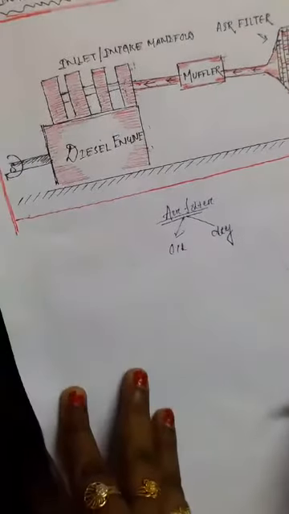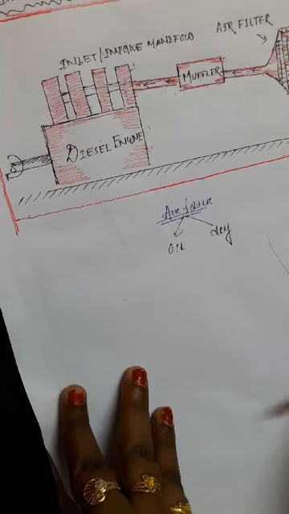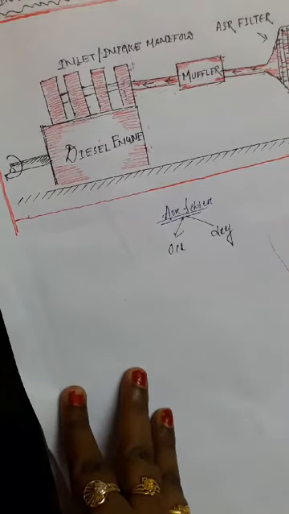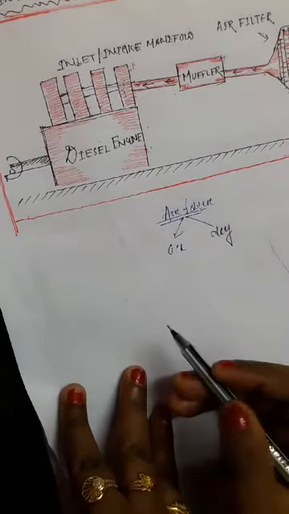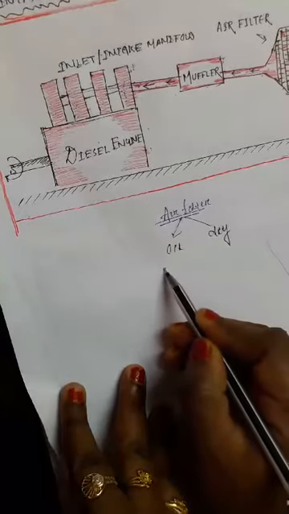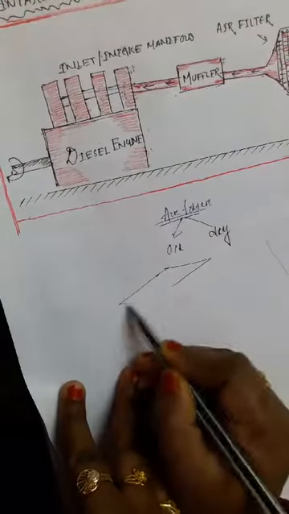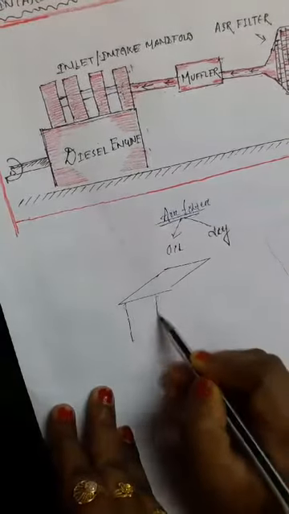Oil filters generally look like a metal sheet. If you consider here, this one is a metal sheet, which I am drawing here.